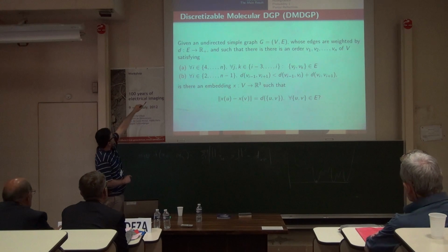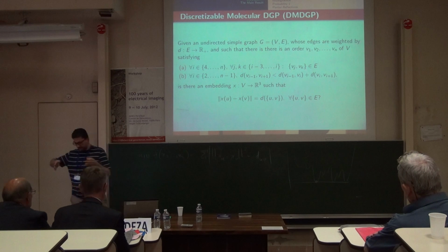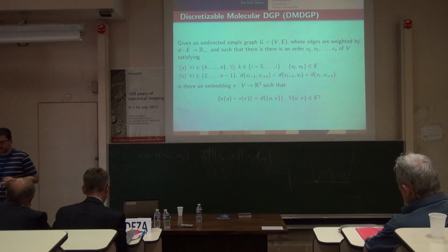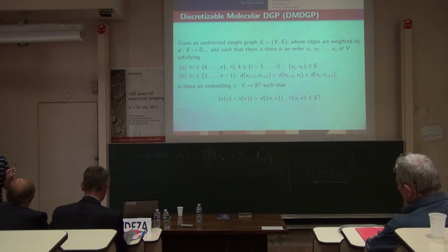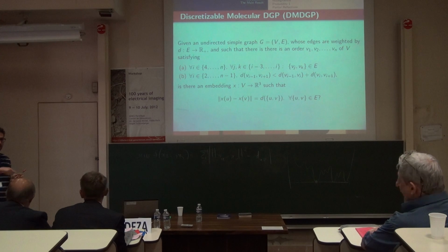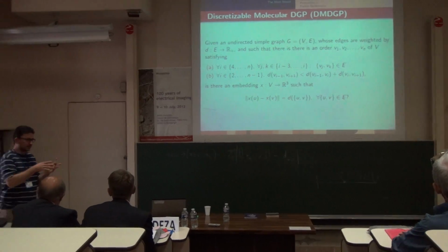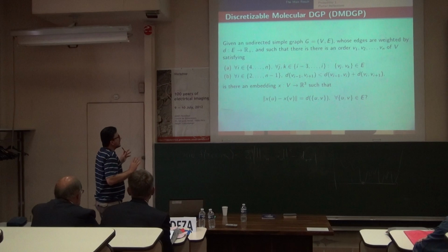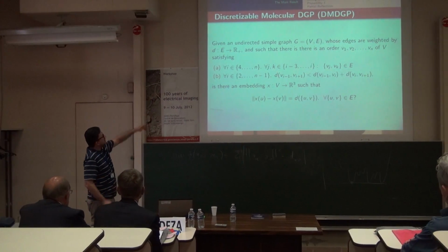The first hypothesis means that for each 4 consecutive vertices in this order, we have a clique. So for 4 consecutive vertices, or think about atoms, it means that we have known distances related to these atoms. And this is the main hypothesis. The second hypothesis is a technical hypothesis.